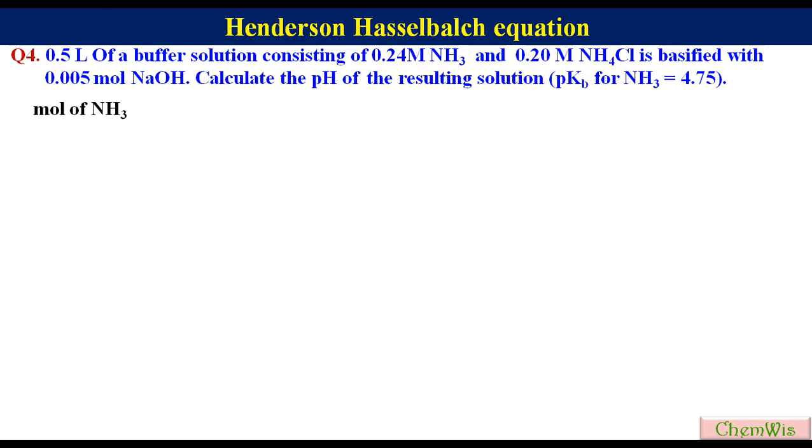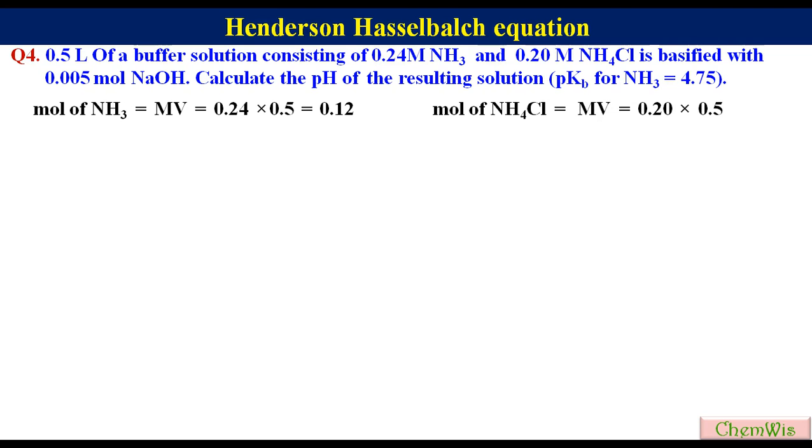Number of moles of ammonia is equal to molarity of ammonia into volume in liter, is equal to 0.24 into 0.5, is equal to 0.12. Number of moles of ammonium chloride is equal to molarity into volume in liter, is equal to 0.20 into 0.50, is equal to 0.1.